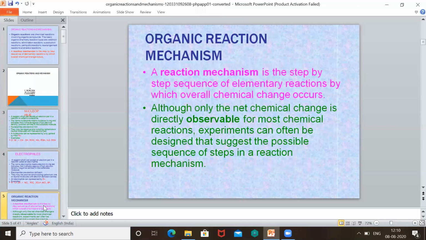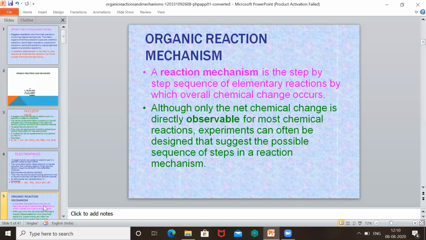Next, the organic reaction mechanism. Mechanism is the step-by-step sequence of reactions in which the overall chemical change occurs. For example, we start with a compound A and we want to reach B, but in between A to B, we have so many steps.